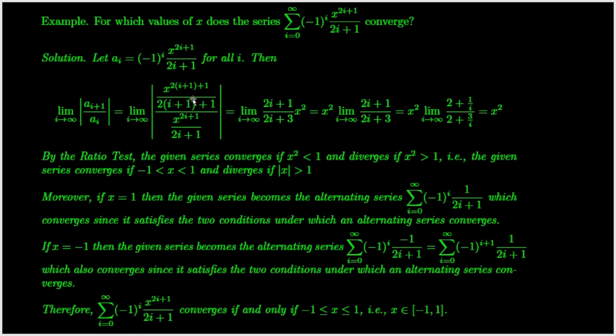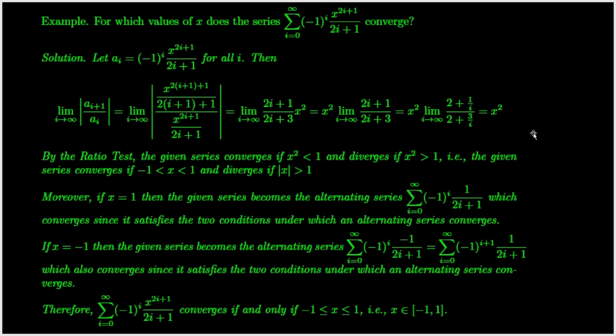And then on the numerator you have exponent of 2i plus 3. So do you see it here? 2i plus 3 exponent. The exponent here is 2i plus 1. And then x to the power of 2i plus 3 divided by x to the power of 2i plus 1. You subtract exponents, you have x squared.